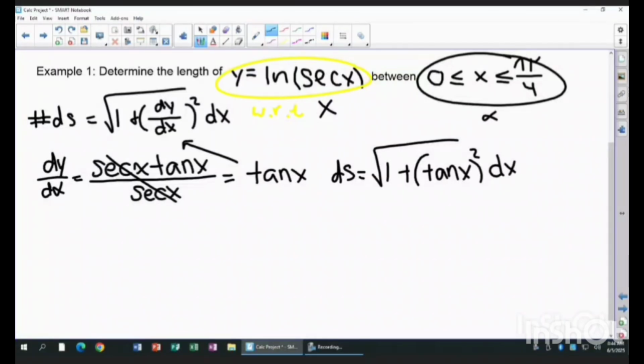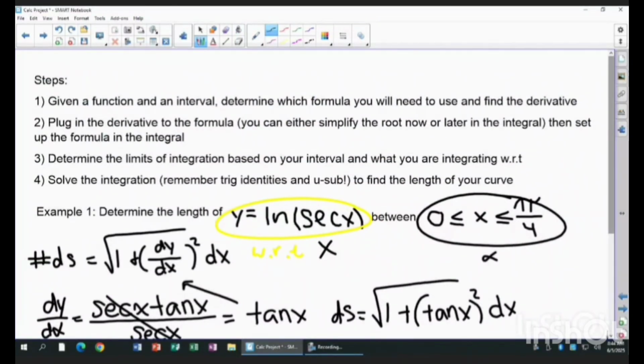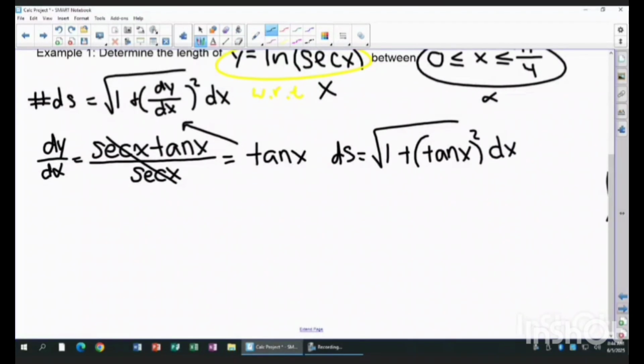Now, this is back when I said the steps. You can either simplify the root or put it into the integral. You can right now just put the integral in and then do substitution, but what I'm going to do is simplify the root. So we have 1 plus tan squared x. That is a trig identity, if you remember.